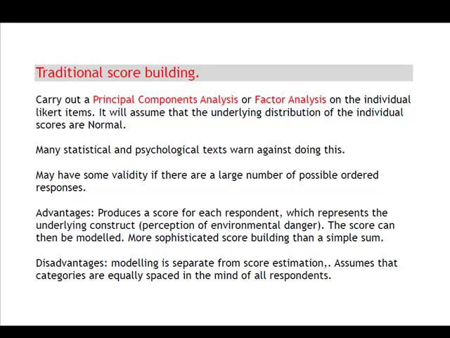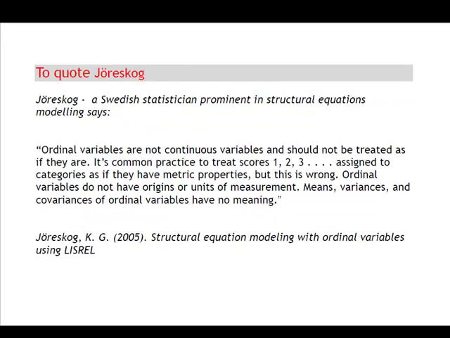The advantages are pretty much the same. You can end up with a factor score, which gives you a score for each individual, which can then be modelled, but again it assumes that the categories are equally spaced, and the assumption of underlying normality is also a difficult one. So those are really traditional methods, which are still around, but with modern techniques are starting to be replaced.